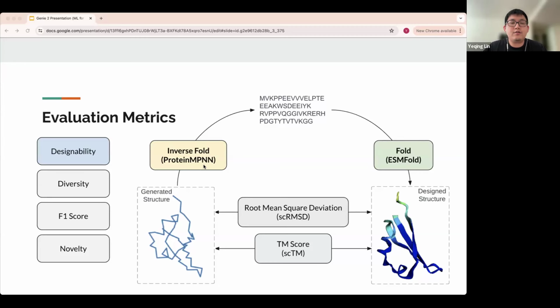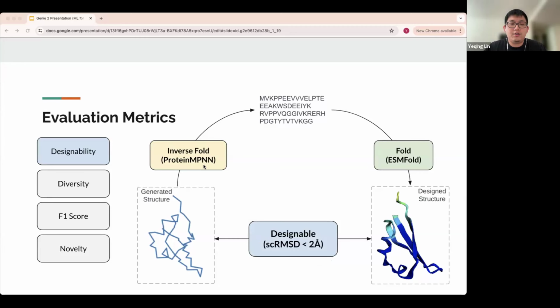For a structure to be considered designable, we use the commonly used threshold of scRMSD less than 2 angstroms, which means the root mean square distance between the generated and the designed structure is less than 2 angstroms. Designability is finally the percentage of designable structures out of this generated set of structures.